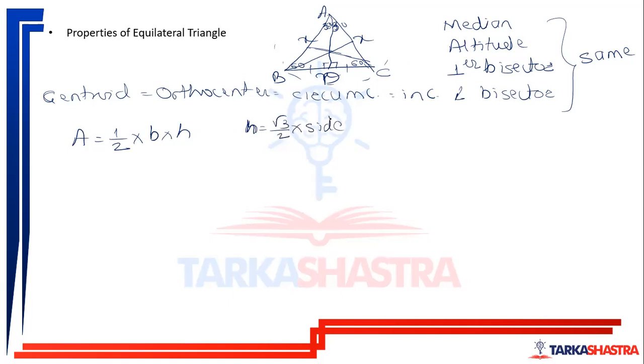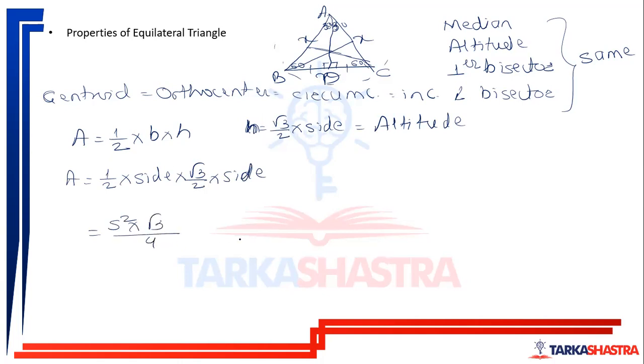Correct? Which is also the altitude in the case of an equilateral triangle. So the area of the triangle becomes 1/2 into base, which is the side of the triangle, multiplied by √3/2 into the side, which is nothing but area of an equilateral triangle equals side square multiplied by √3/4.